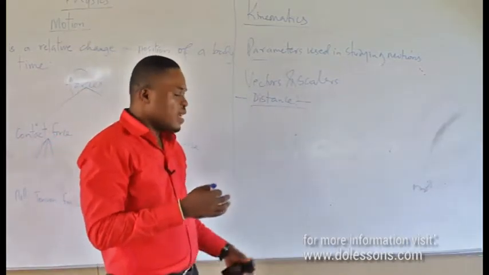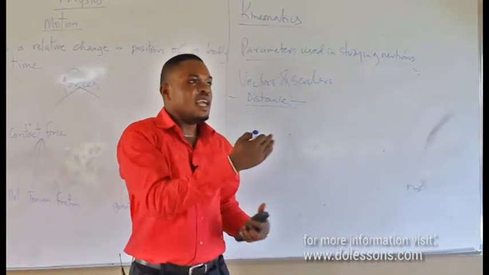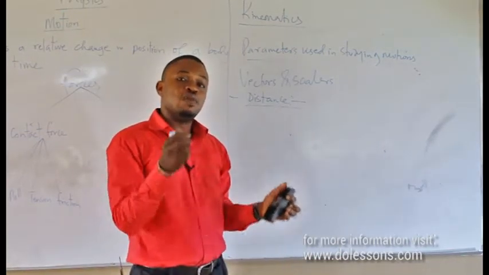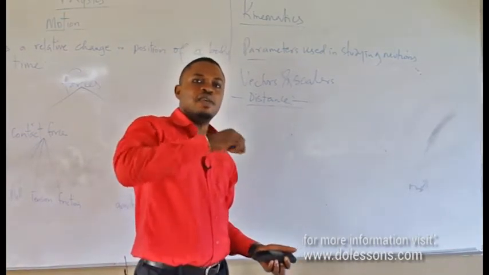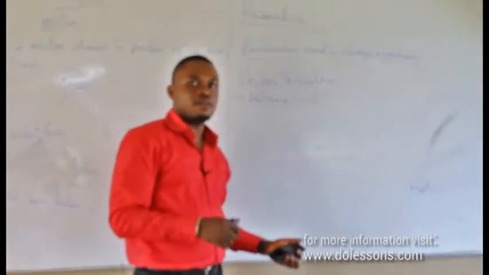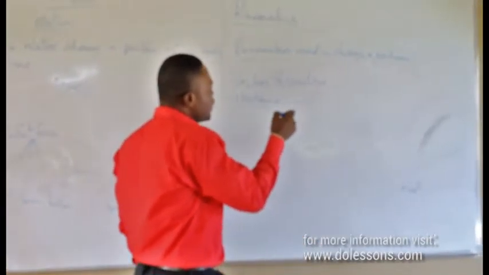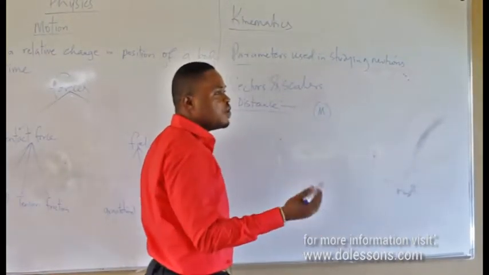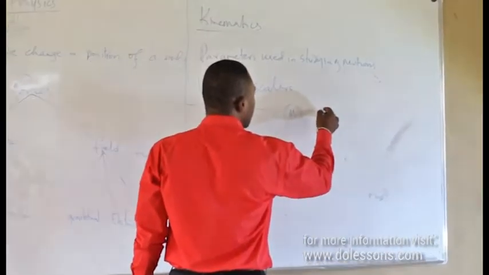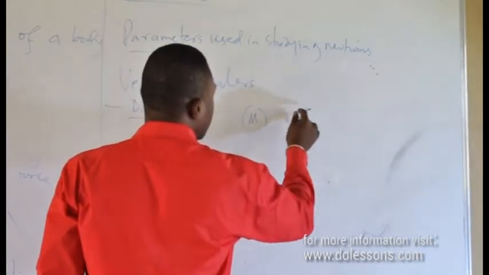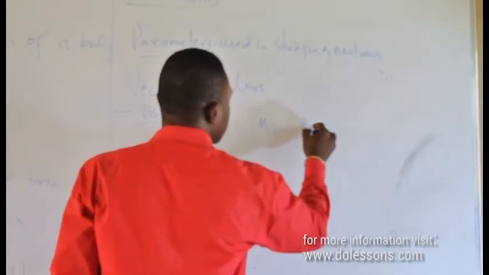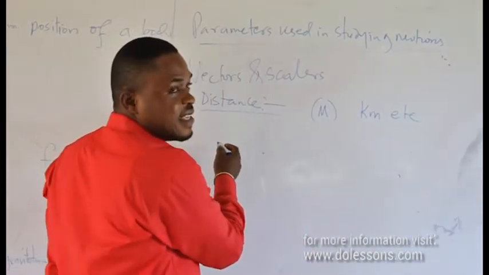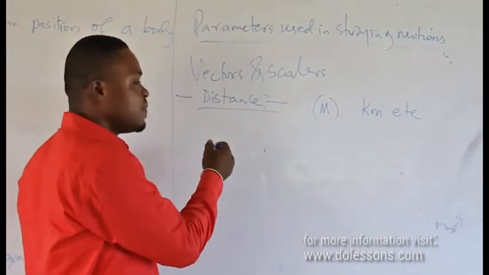That is, it is a length stretched out between the position of a body from its initial point and its final point. Its unit is meters. Other units include kilometers, etc. And it is a scalar quantity.